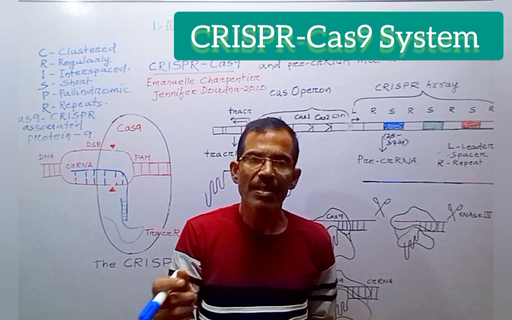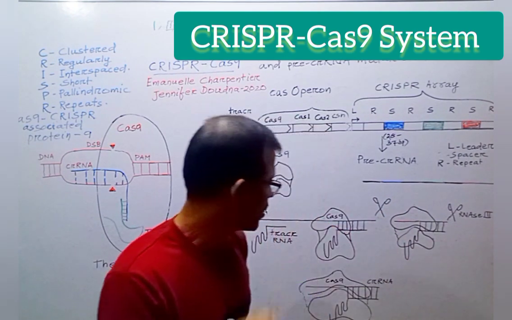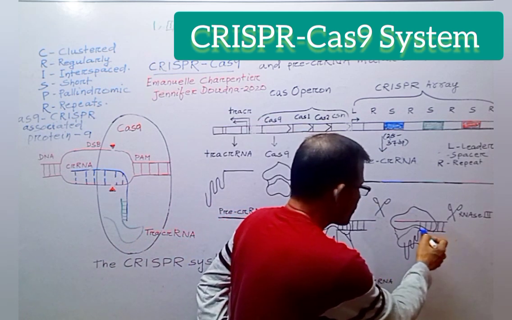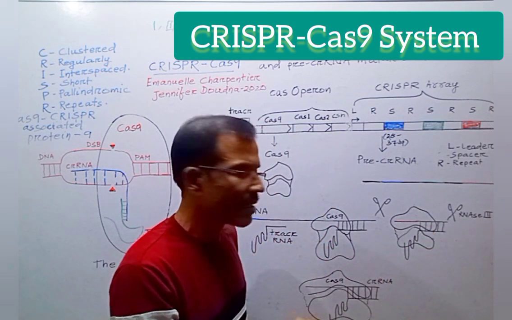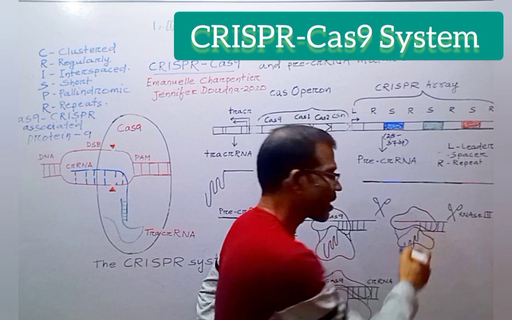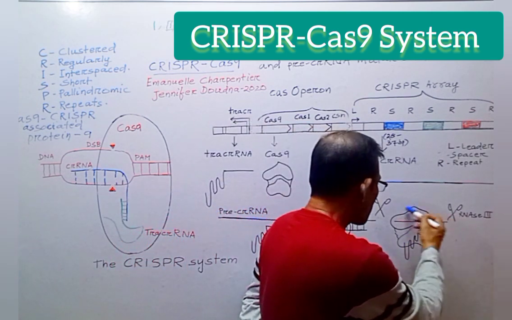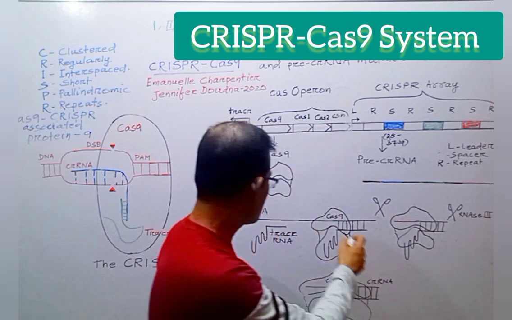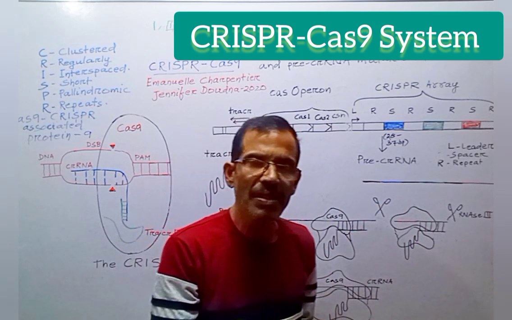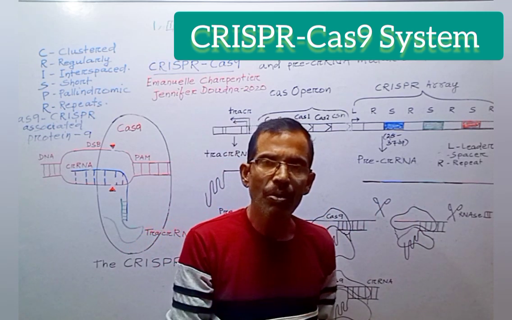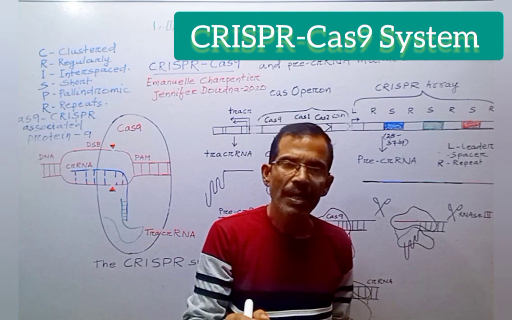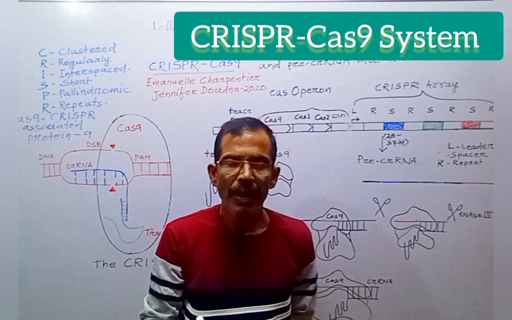As a result, base pairing occurs between the transactivating RNA and the repeat sequence that results in the formation of a double-stranded RNA, which is then cleaved by the enzyme ribonuclease 3 to yield CRISPR RNA.